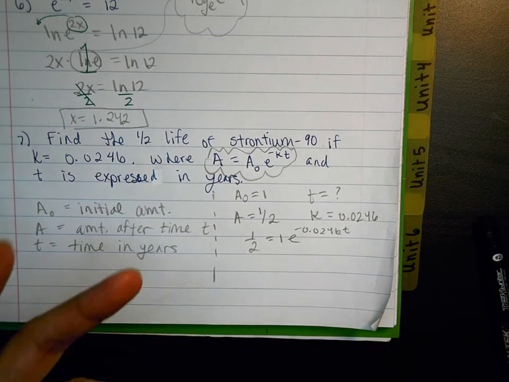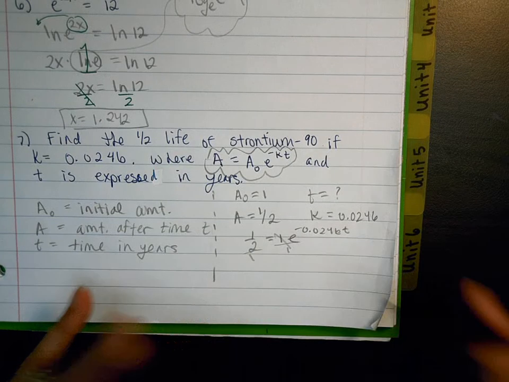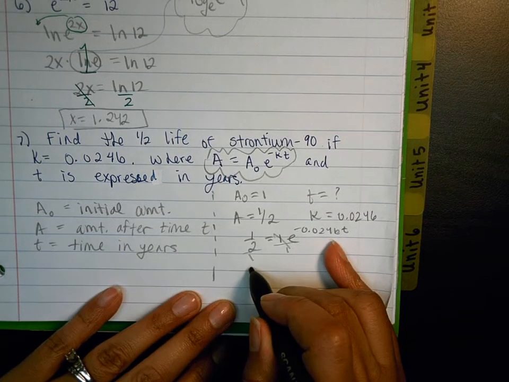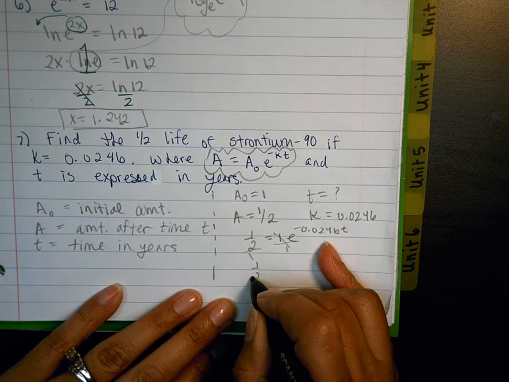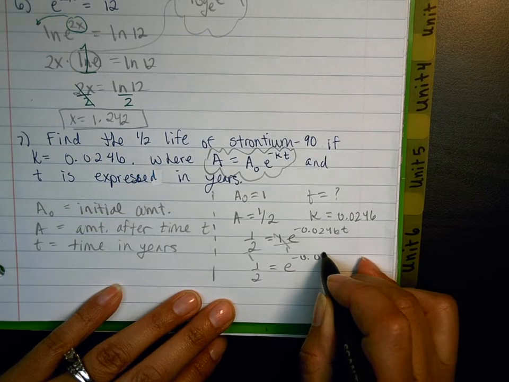In this case, dividing by 1 is not going to change anything, so I'm just getting rid of that 1. It's not necessary because 1 times anything doesn't change. So I have 1/2 equals e raised to the negative 0.0246 T.